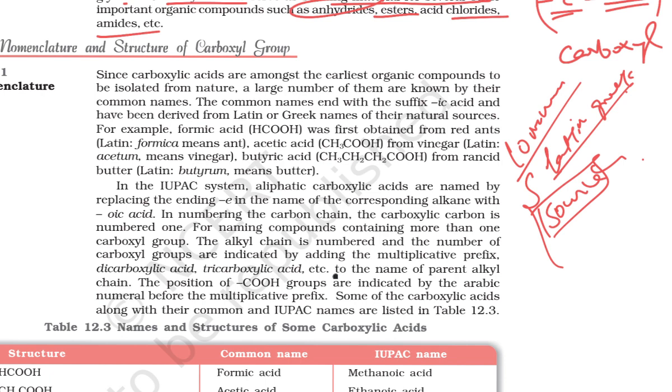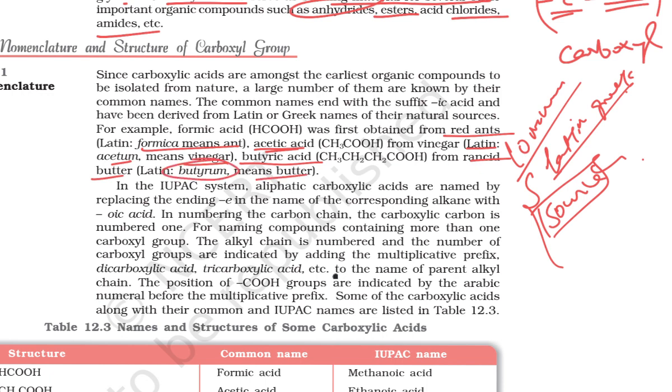Formic acid, the name is derived from red ant. The Latin name is formica, meaning ant. In the case of acetic acid, the Latin word is acetum, which means vinegar. Then butyric acid, from rancid butter. The Latin name is butyrum, meaning butter.